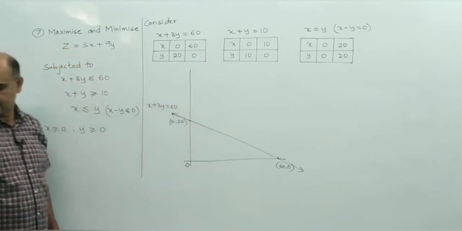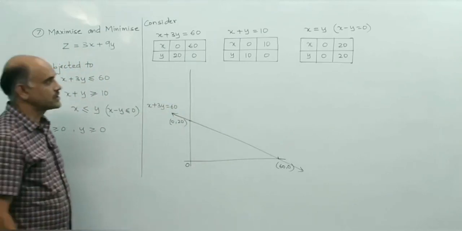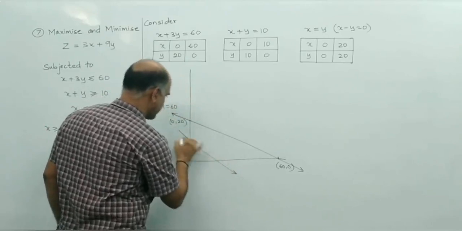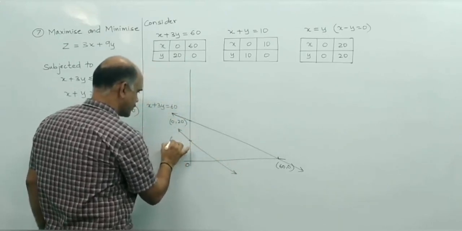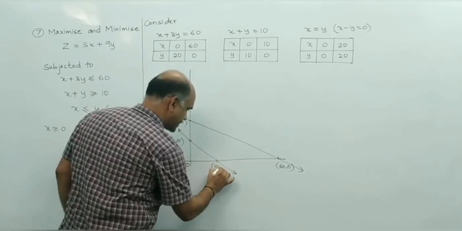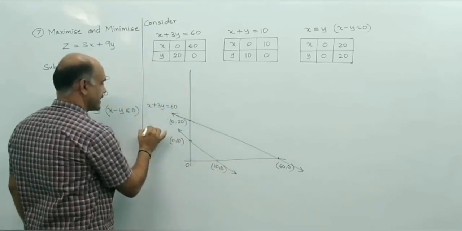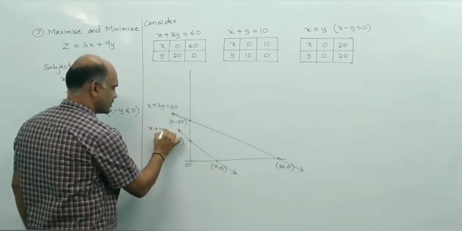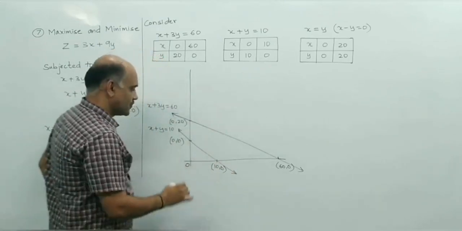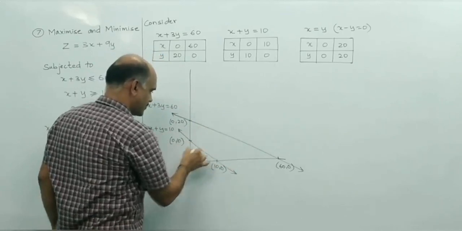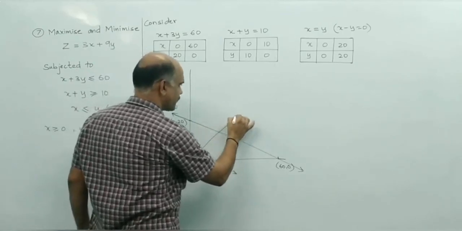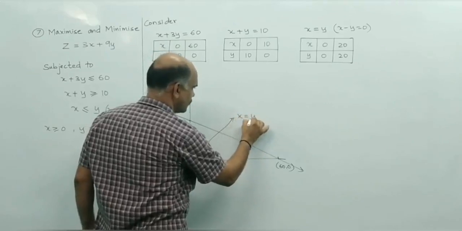Second line, if I take 0, 10 and 10, 0, I will get it in this form. This is 0, 10 and this is 10, 0, the second line, x plus y is equal to 10. Third one, 0, 0 and 20, 20. It passes through the origin. So roughly in this form you will have x is equal to y.